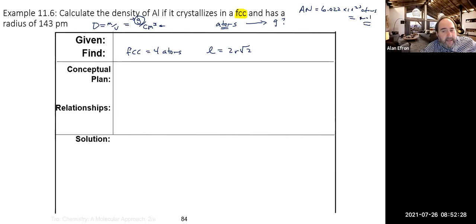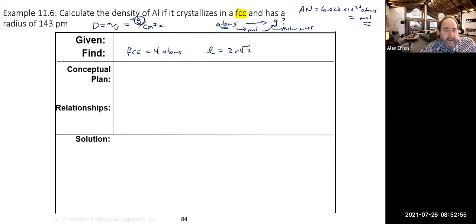I can use Avogadro's number to go from atoms to moles, and then go from moles to grams using the molar mass. So we can use calculations we've done before to get the top part, which is grams, and that's what we're going to focus on at this point.